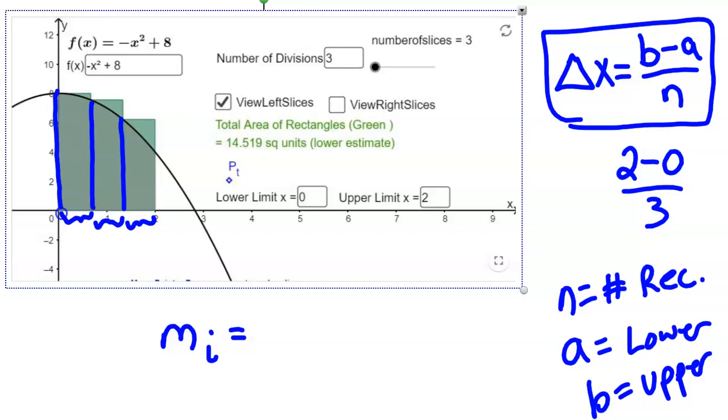To get that, it would be your lower limit plus (i minus 1) times delta x, the change. This is what we're going to plug into that formula, and I'll show you that next.